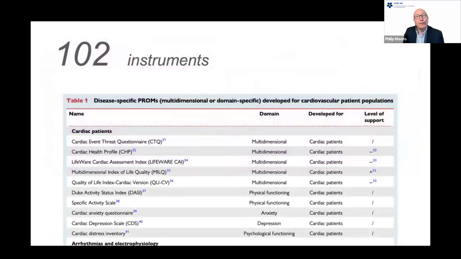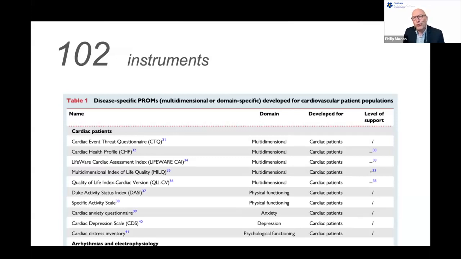There are different instruments, as was clear from John's presentation. We also recognized in the statement that there are generic questionnaires and there are disease-specific questionnaires, and there are also domain-specific questionnaires.